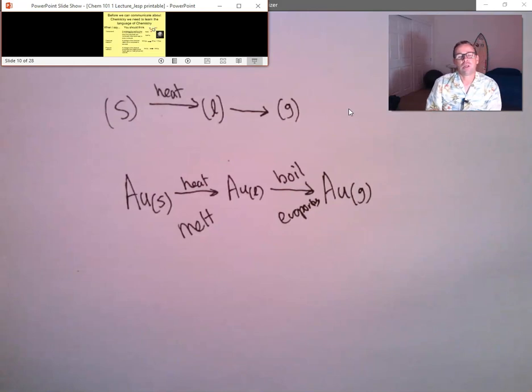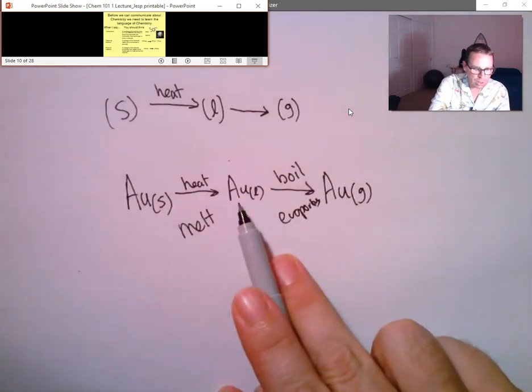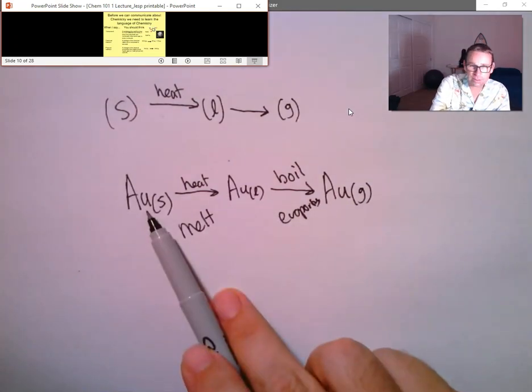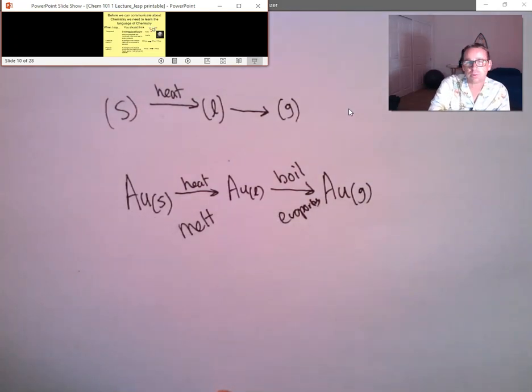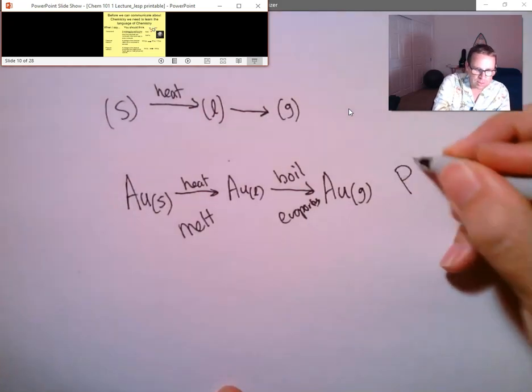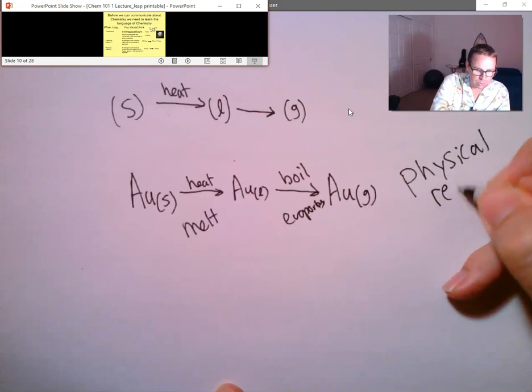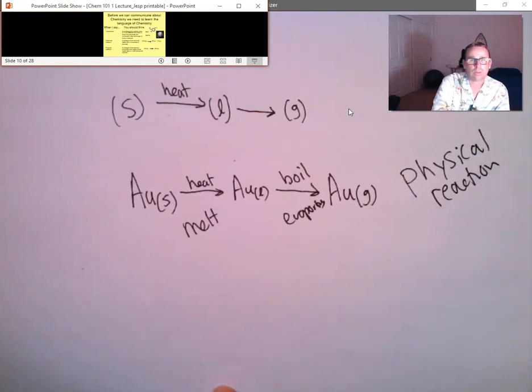Excellent. So, these are called physical reactions. They're not chemical reactions because I'm not changing how the gold is interacting with different elements. It's still just gold, but it's in different phases. So this is an example of a physical reaction. Okay?